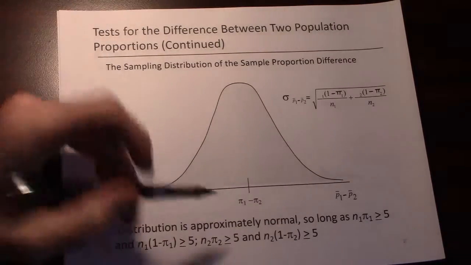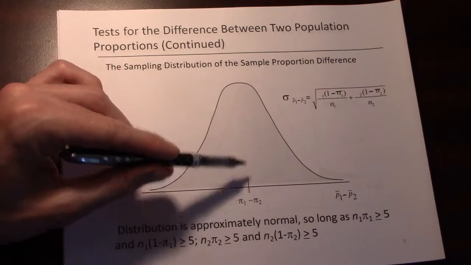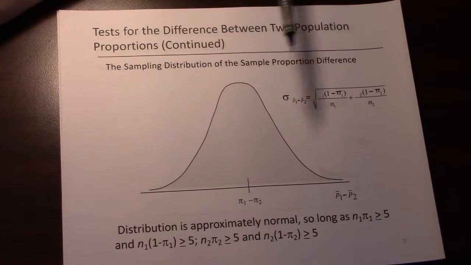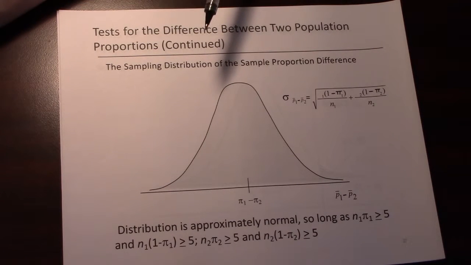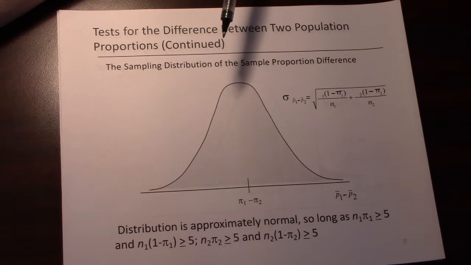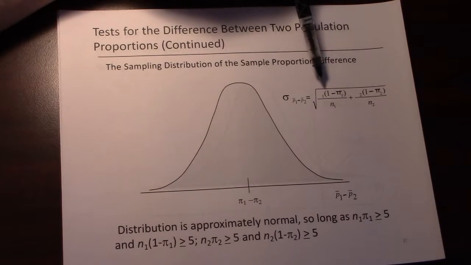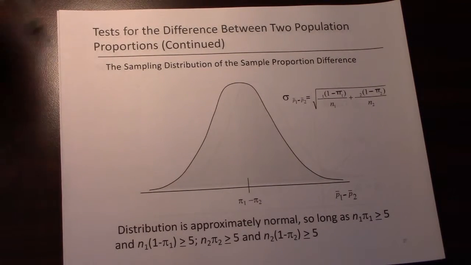Maybe in reality 6% more men support Donald Trump than women support Donald Trump. That would be the mean, and it would have a standard deviation based on how close these proportions are to 50%. It would have a standard deviation that statisticians have constructed for us when we're combining two populations.